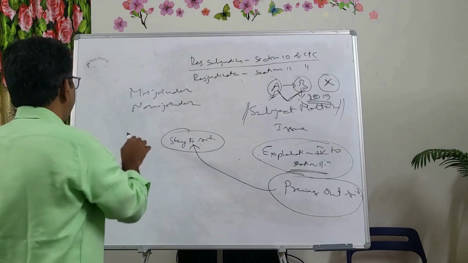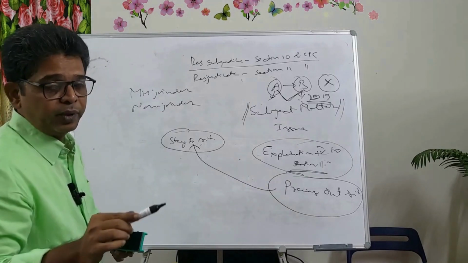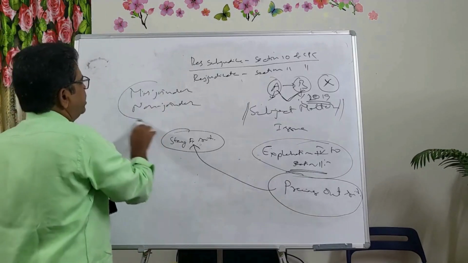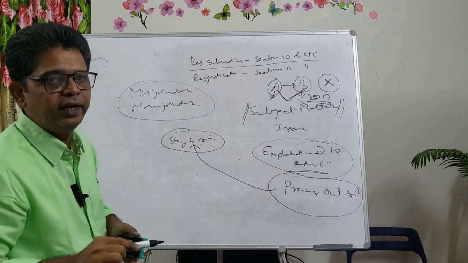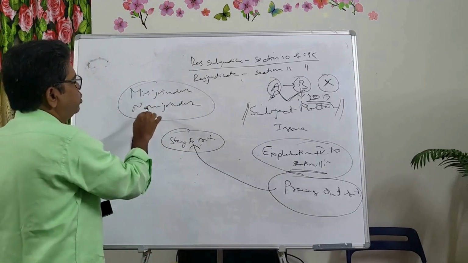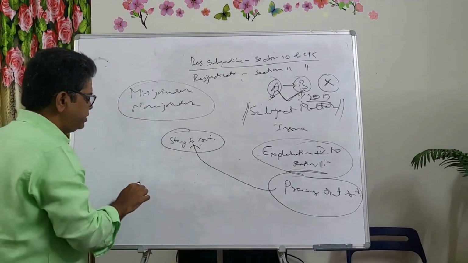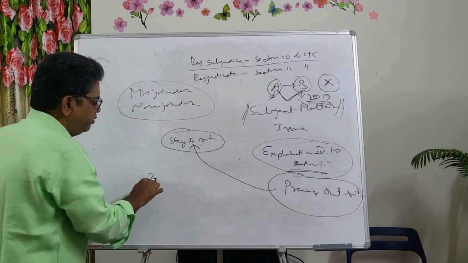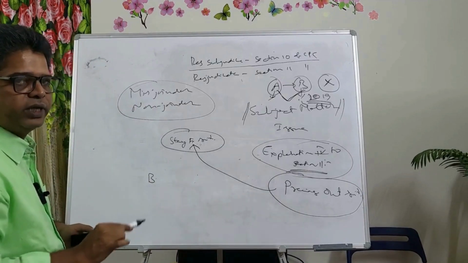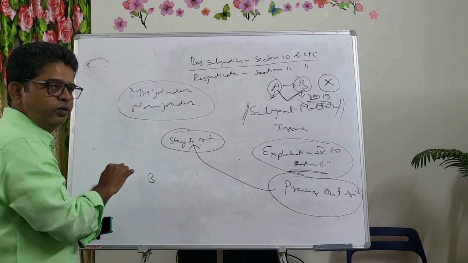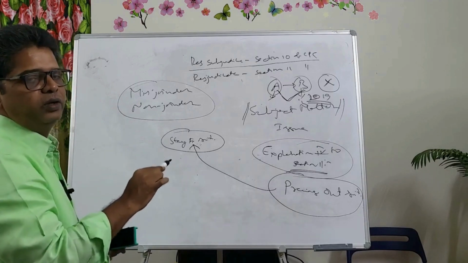Okay? Order 1 Rule 9 says, proviso to this misjoinder and non-joinder concept, that nothing in this rule shall apply to non-joinder of a necessary party. If a party is necessary to a proceeding and that necessary party was not added in the suit, then the suit is fatal and it shall fail.